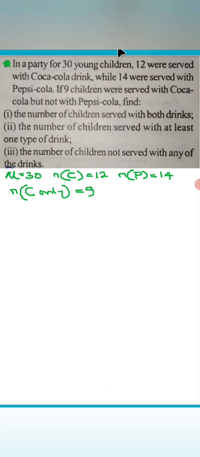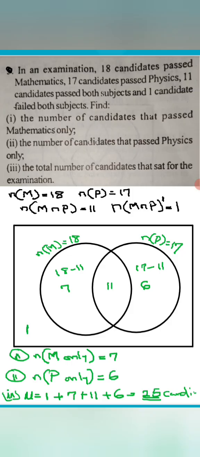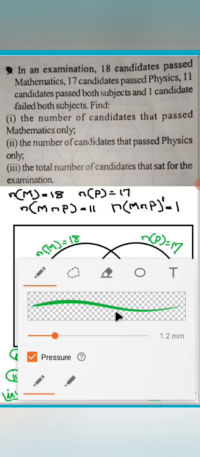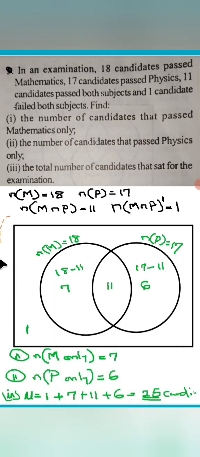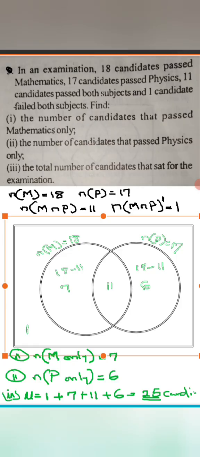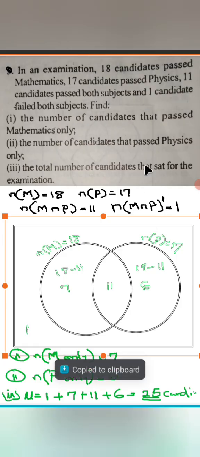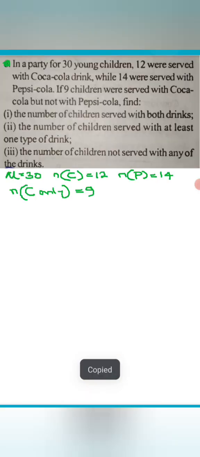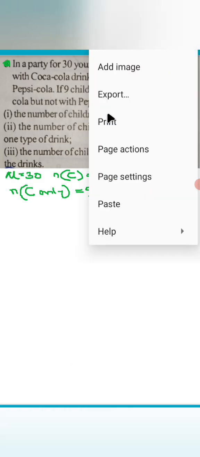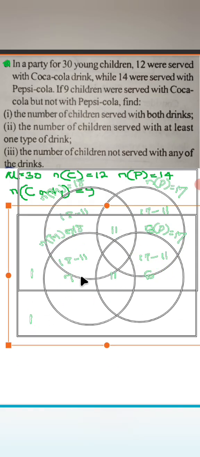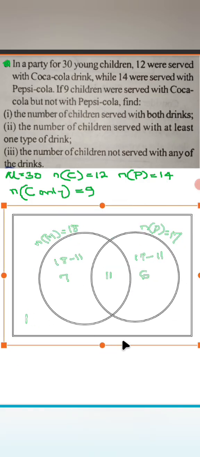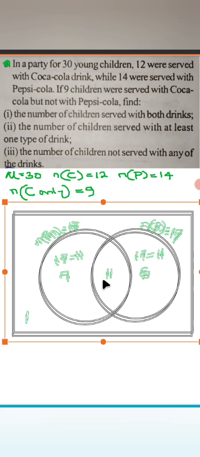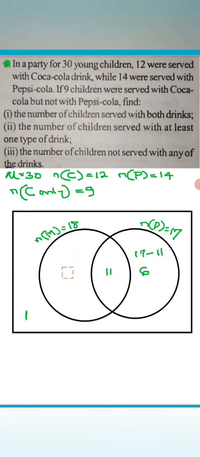Let's go back to this page and just take the Venn diagram from there. I'll just clean out all of this.